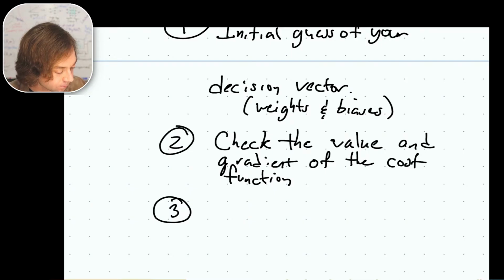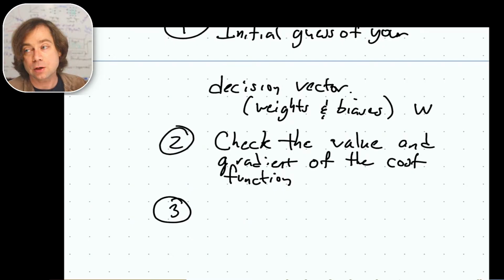Okay. So let's say, just for the sake of argument, we're going to call our decision vector W. That might be a little confusing because the weights are also W, but in general, our decisions we'll call W here.